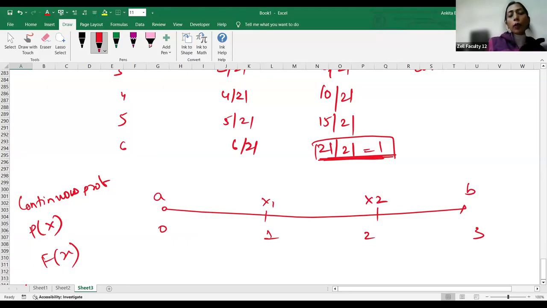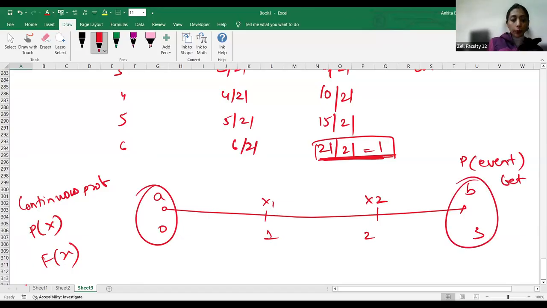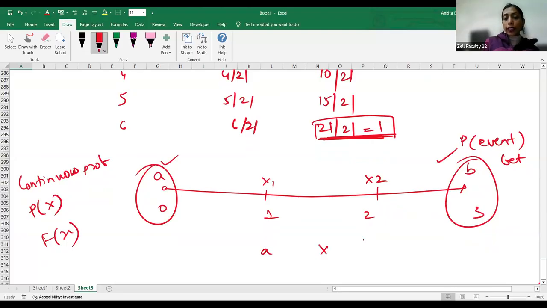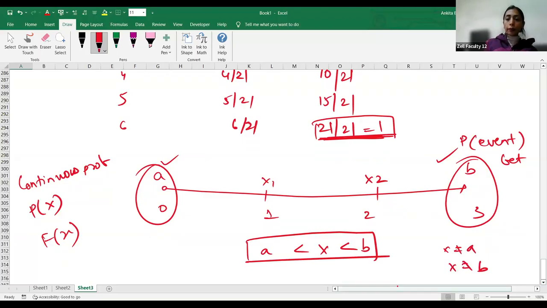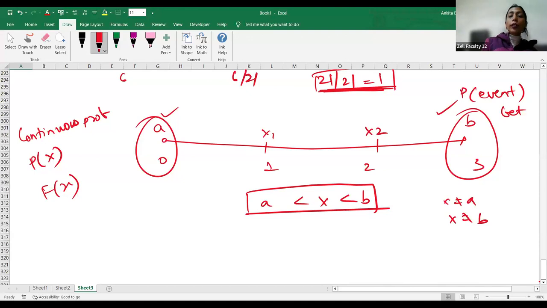So I have given you the probability of the event happening between A and B. The probability is not at A, the probability is not at B. The probability is between A and B. So you can say this X is between A and B. X is not equal to A, X is not equal to B. So I will give you the probability of X between A and B.